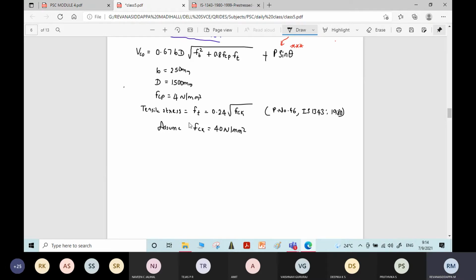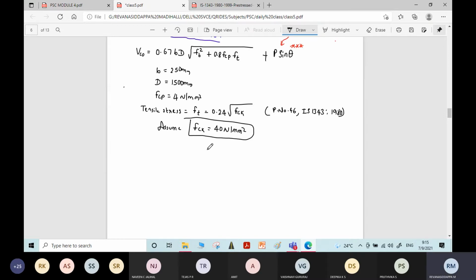As we use M20 concrete for reinforced concrete structures, for slabs and all, here for PSC beam we will use M40 concrete. Remember students, FCK, if it is not given, you need to assume it as 40 Newton per mm square.